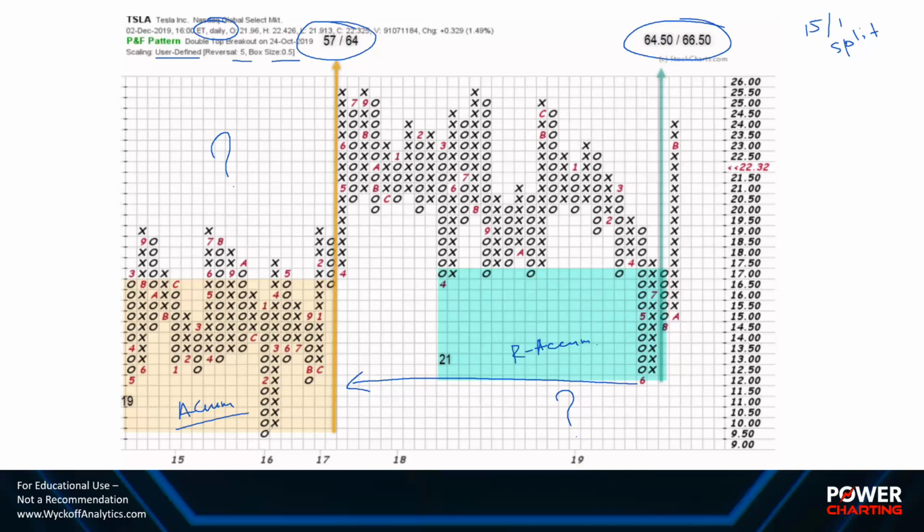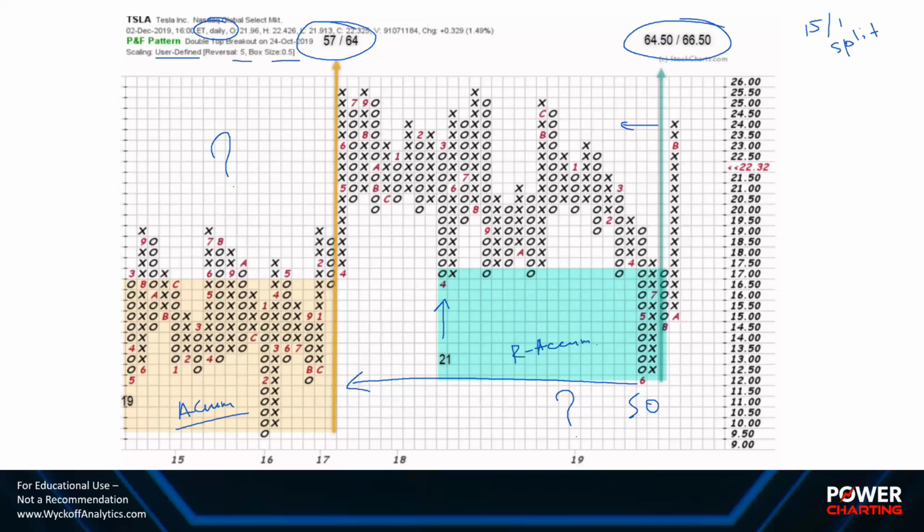This counts from the low, and it counts back to this area, which is a very deep correction, where the 21 is and the number 4. And note that that very deep decline there, which is like a shakeout, rallies all the way back up near the prior highs. So that does set a trading range. And that's where we would define the segment that we want to count to.